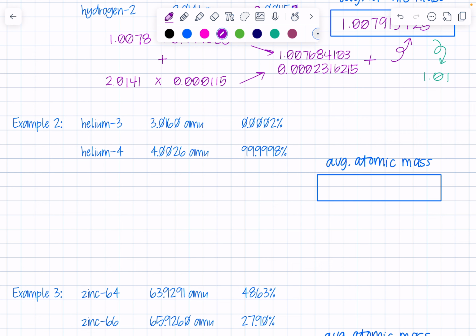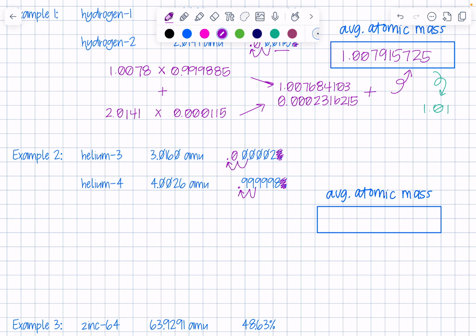The next example is helium. So remember, the first thing we need to do is go from percent to decimal. So I'm going to move my decimal and put in a 0 if there's a gap. So now I have decimals instead of percentages. Instead of doing it separately, like I did in the previous question, I can type it all in the calculator all at once if I use parentheses.